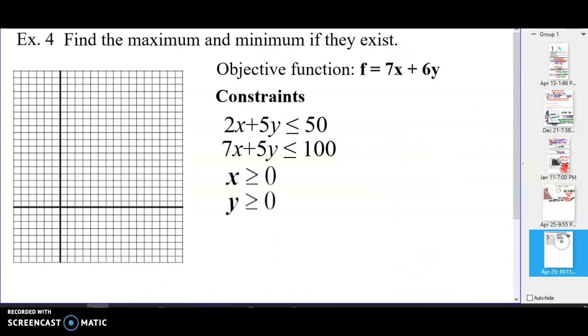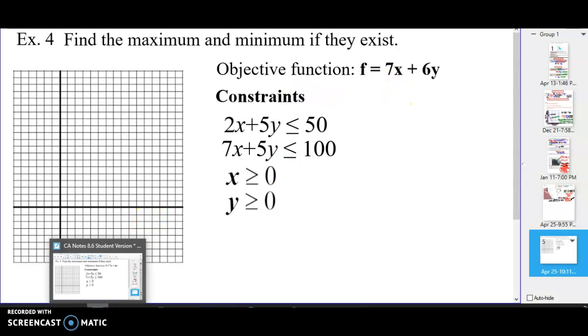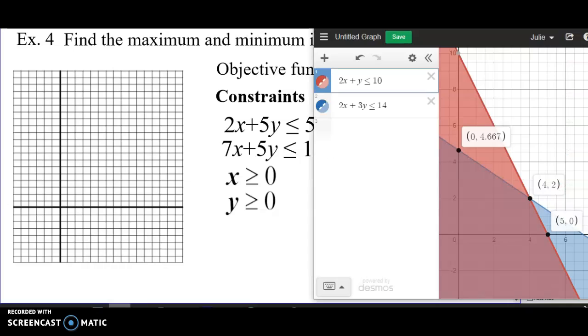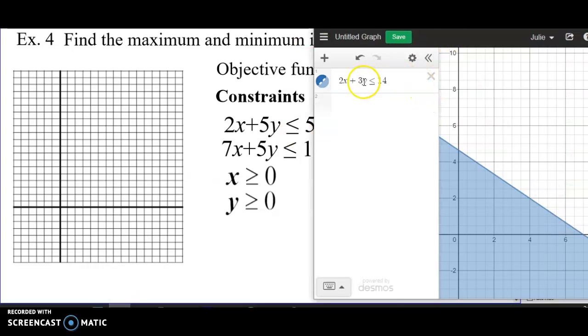All right, let's do one more. Find the maximum and minimum if they exist. All right, so let's get moving. So I'm going to go back over to Desmos and clear these out. Okay, so I want to just be in the first quadrant again.